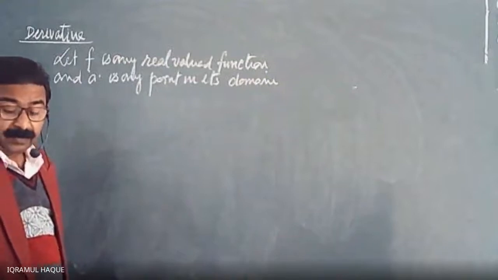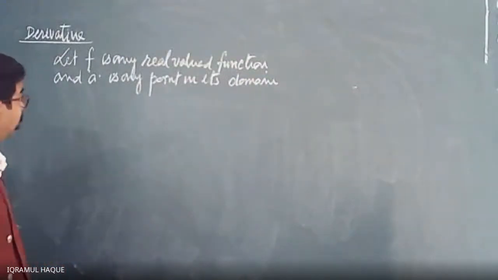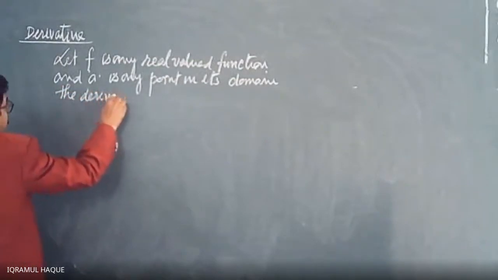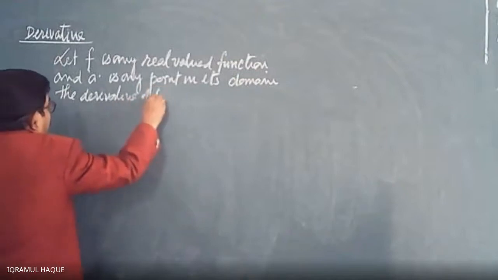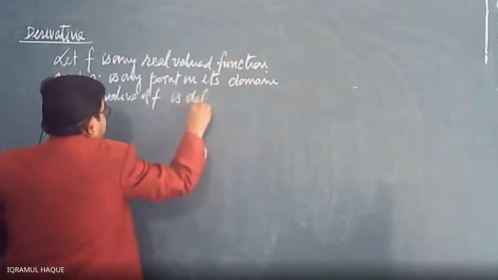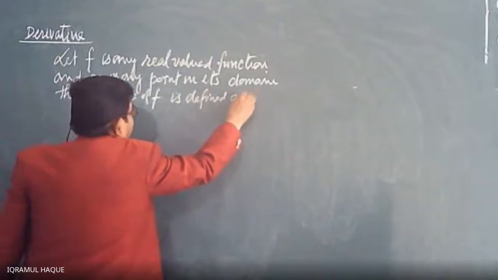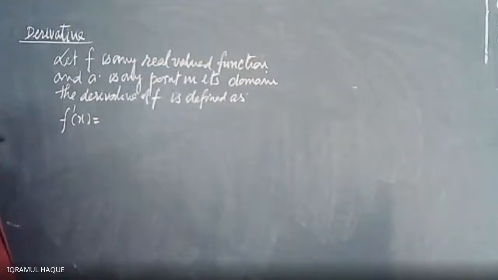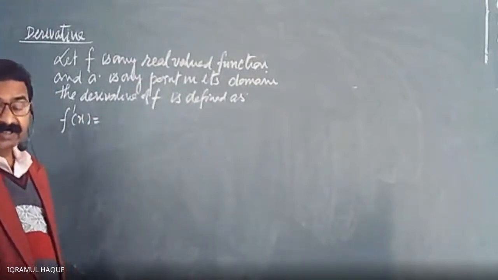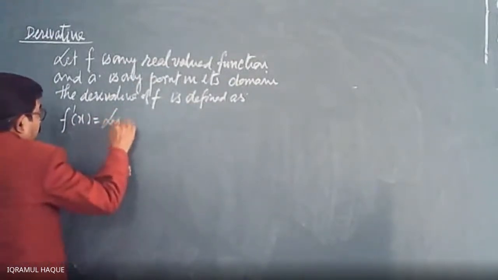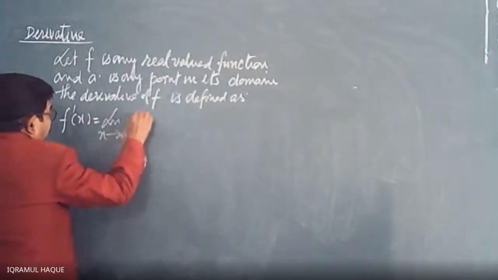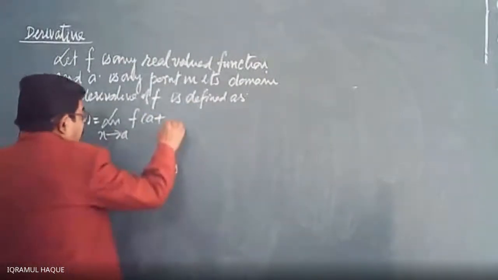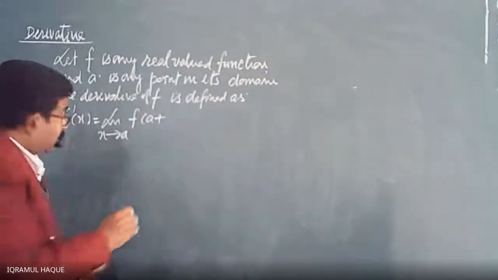Then the derivative of f is defined as f dash x, that is derivative f dash x is equal to limit h tends to 0 of f of a plus h minus f of a upon h, not x tends to a.